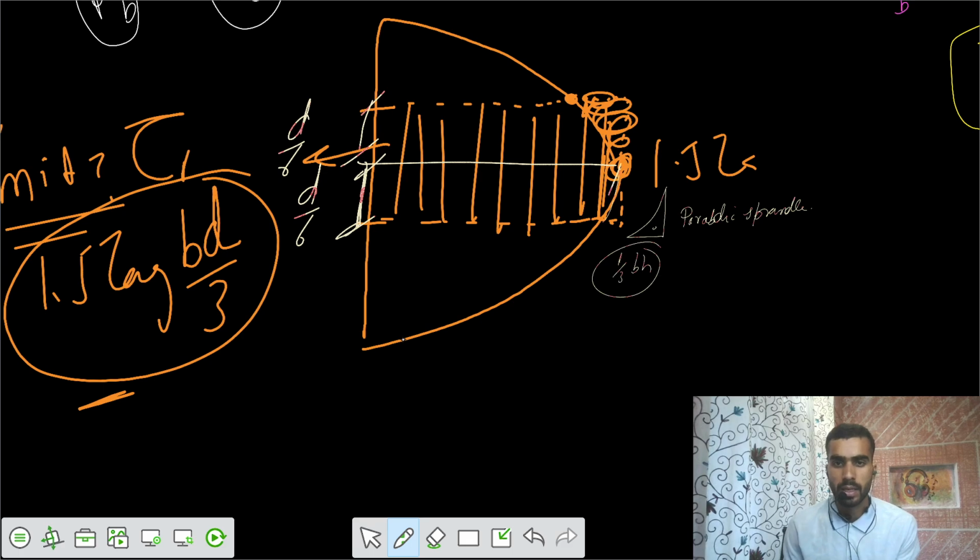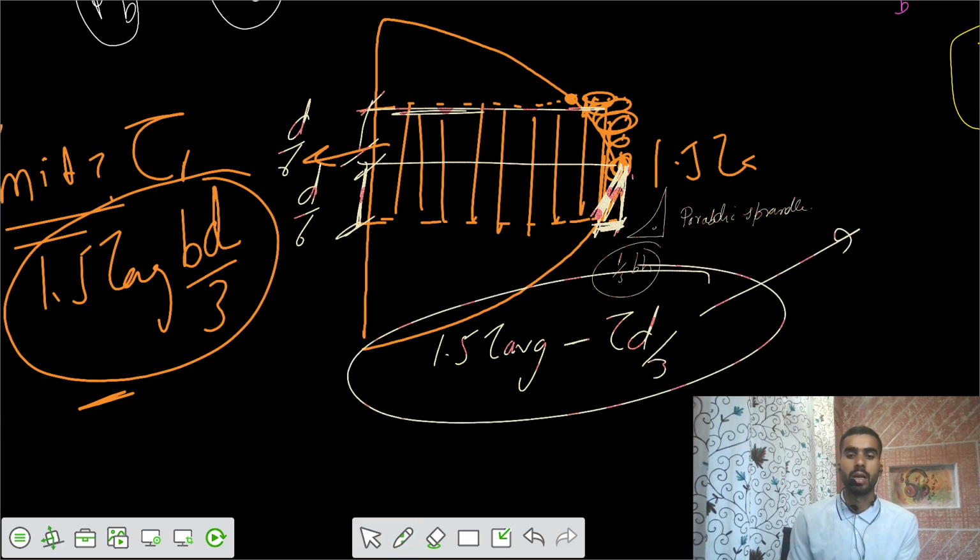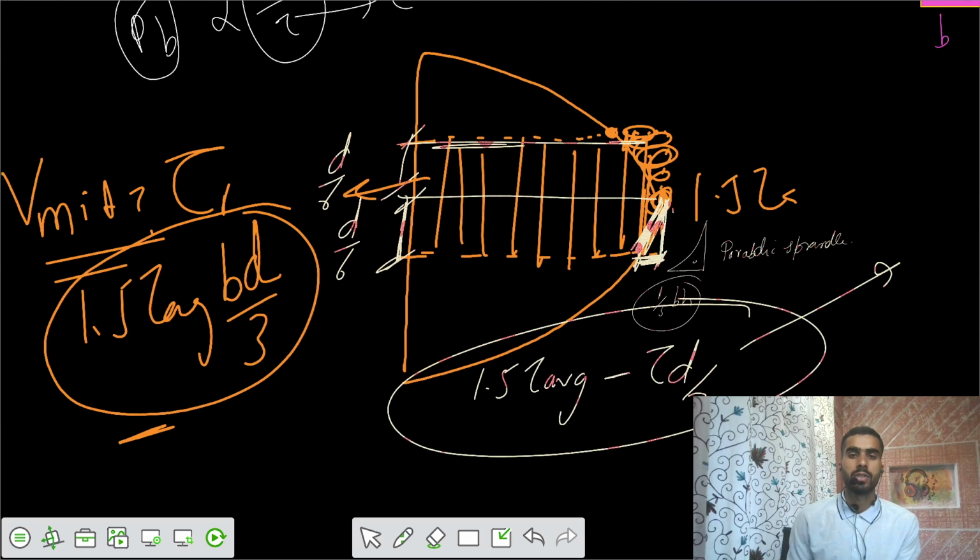I can calculate the difference of 1.5 tau average minus tau at that location of d by 3. I can get the value, then I can subtract those values.